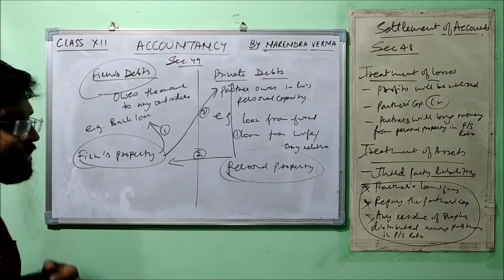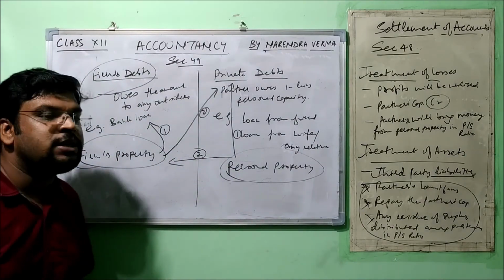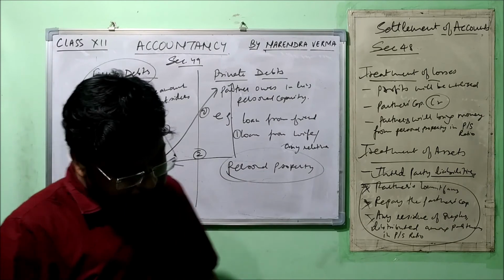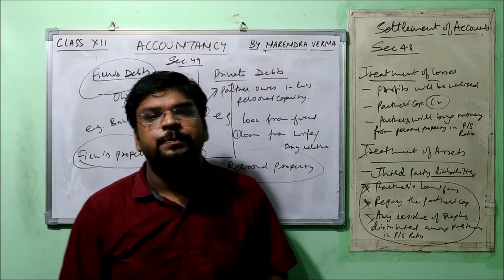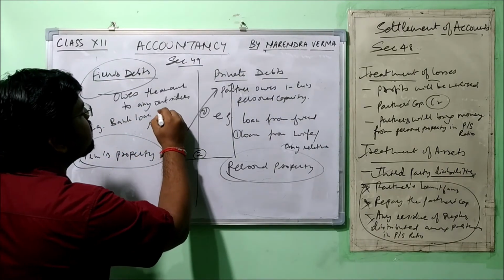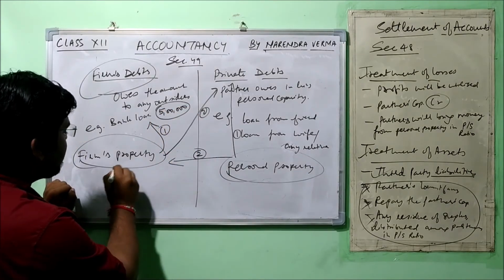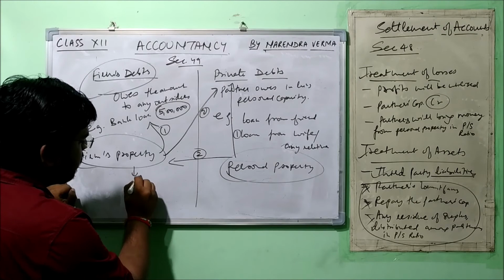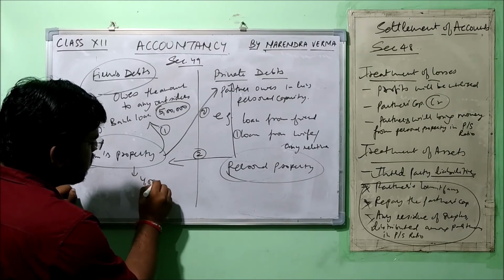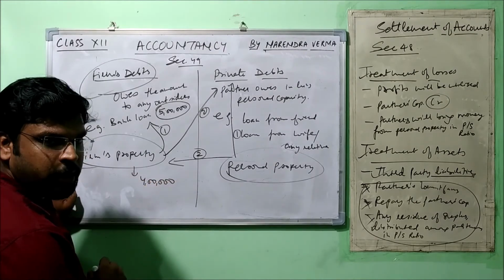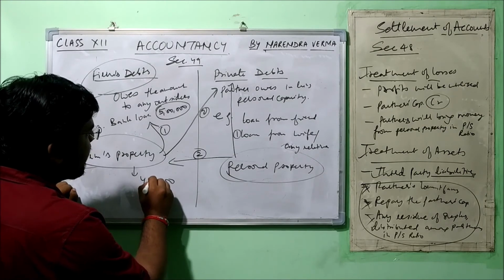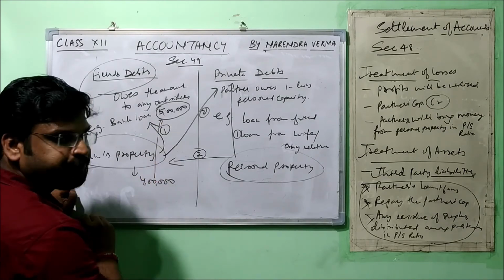Okay? Let's understand these things with examples. Say for example, there is a bank loan of 5 lakh, and after selling the firm's property, the firm is getting only 4 lakh rupees. So this 4 lakh will be utilized first to pay this.